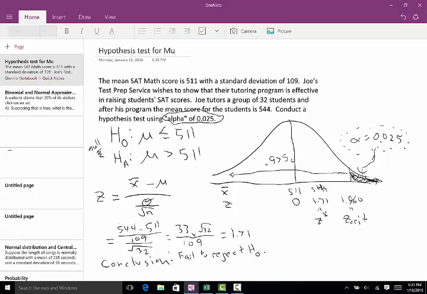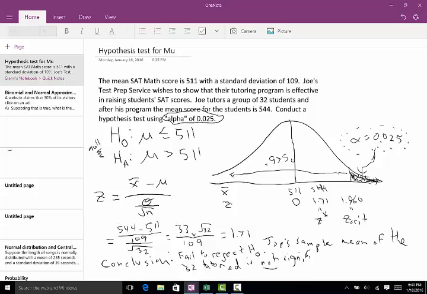And that's the next part. We need to say something about the SAT test scores. Joe's sample mean of the 32 tutored students is not, I can't say it's not higher than 511, but it's not a statistically significant difference.